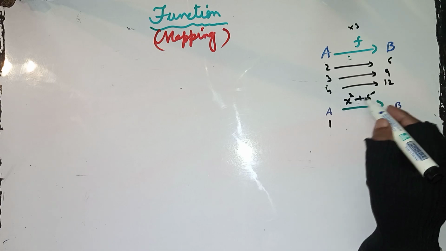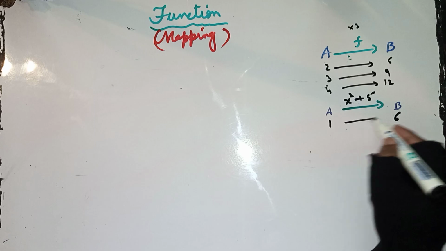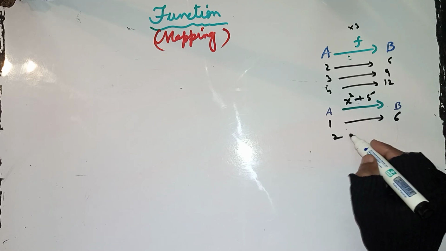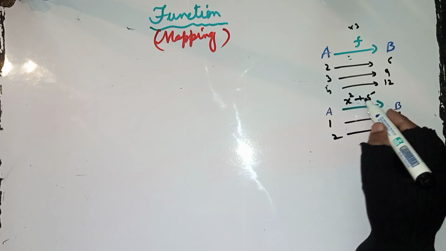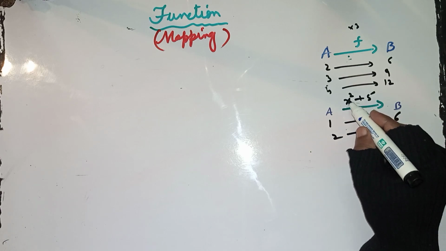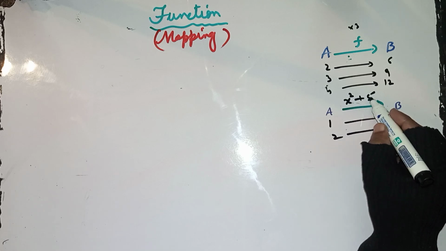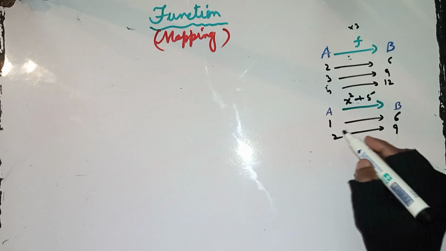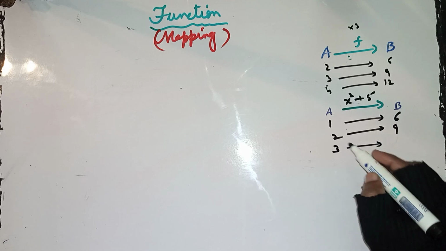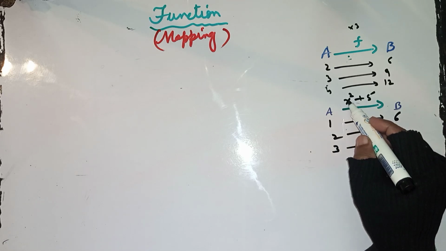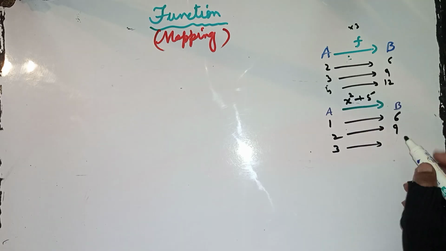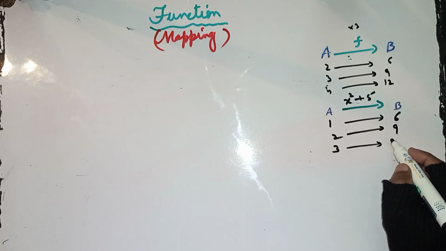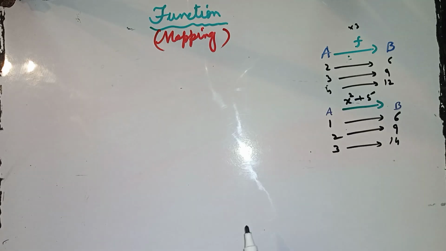There are two operations. I put x here, 1 square plus 5 is 6. When I plug in the value 2, 2 square is 4 plus 5 is 9. If I plug in the value 3, 3 square is 9, 9 plus 5 is 14. These are two operations.